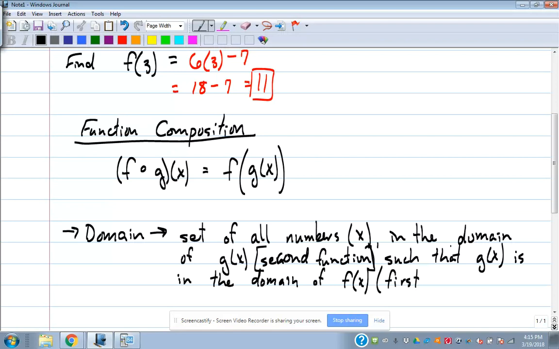So it may not always be g of x and f of x. Sometimes they may turn that around.